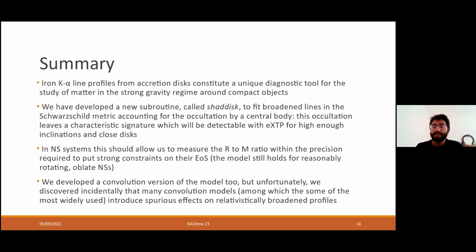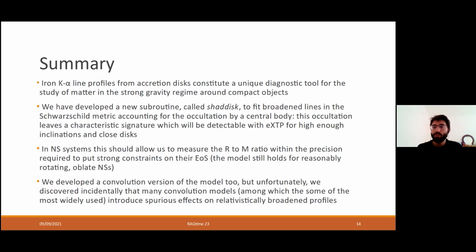And we also developed a convolution version of this model, which makes sense because, of course, you would want to apply the same effect and the same occultation on all the components of the spectrum that come from the accretion disk.